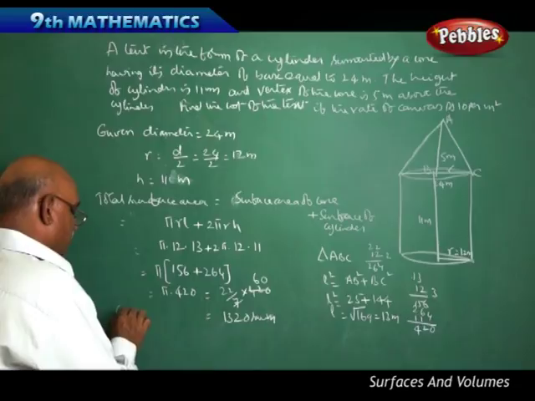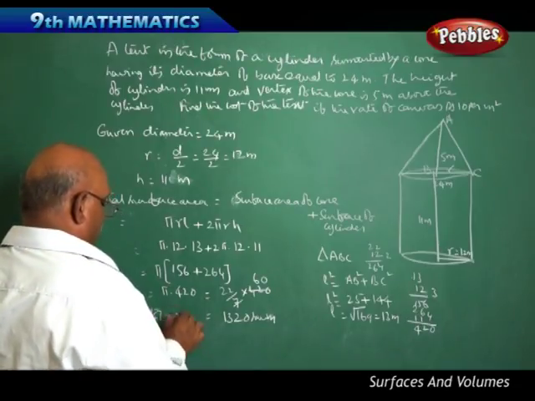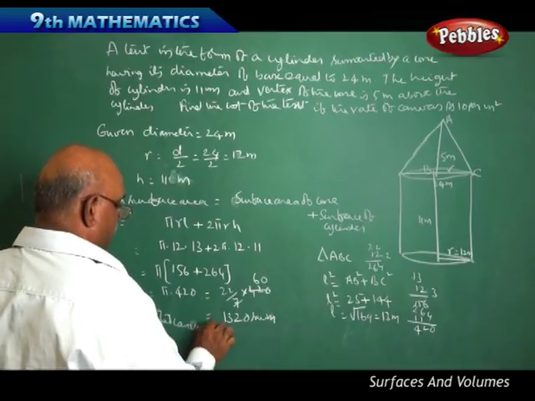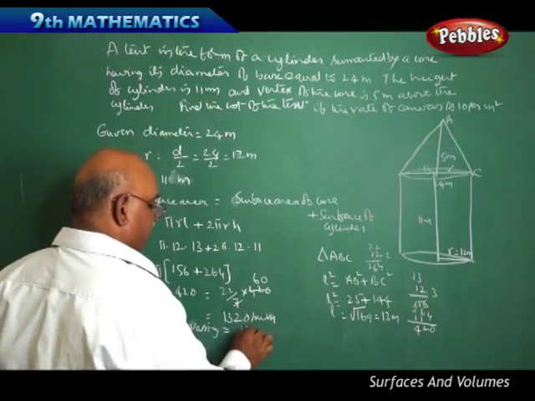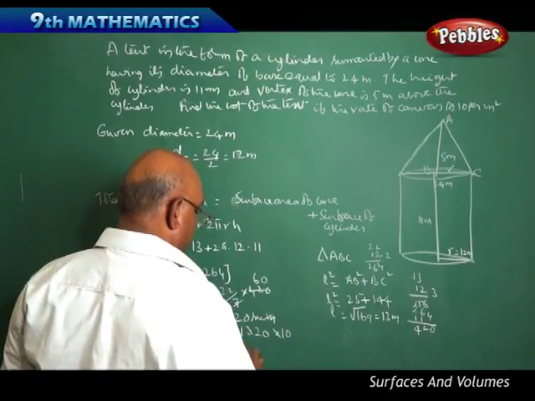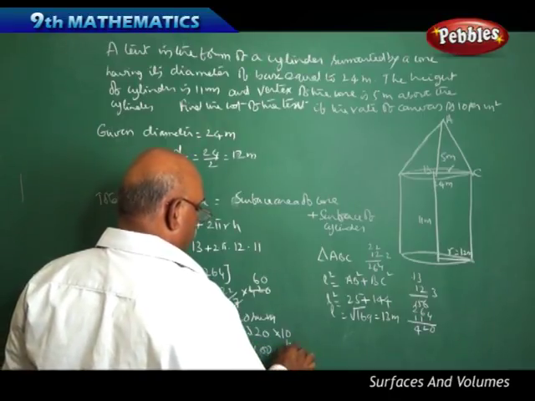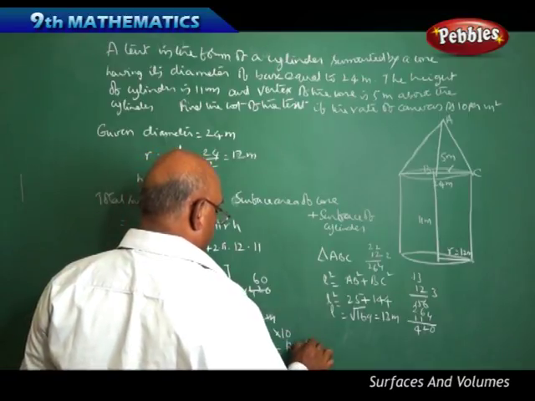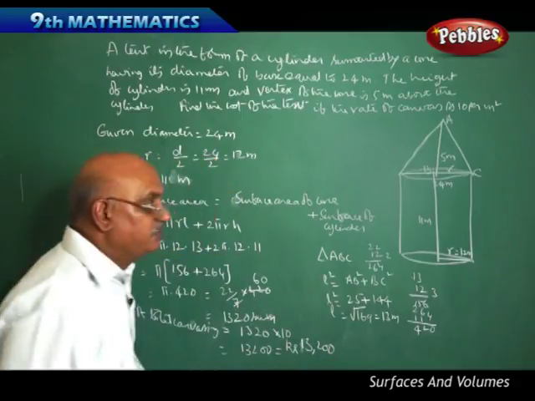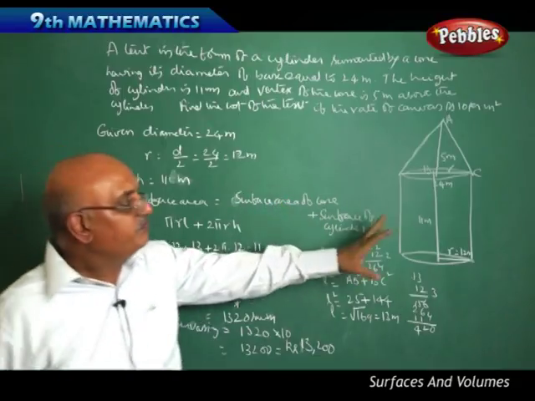Therefore the cost of the total canvassing is equal to 1320 into 10, that is 13,200 rupees. We are going to spend 13,200 rupees for the entire canvassing of the cone with the cylinder.